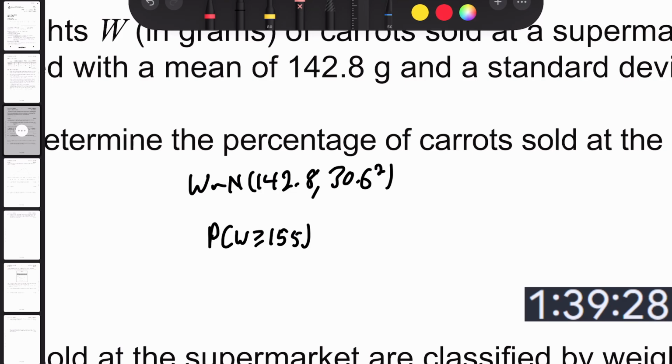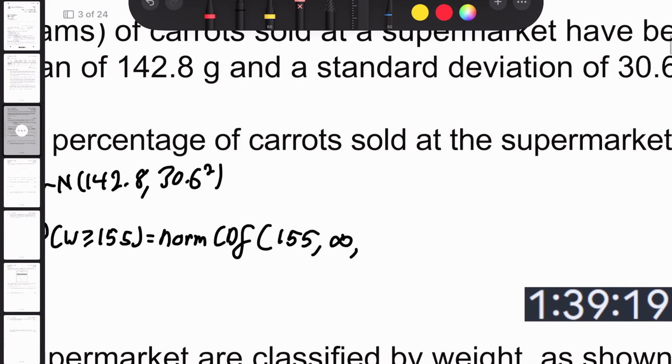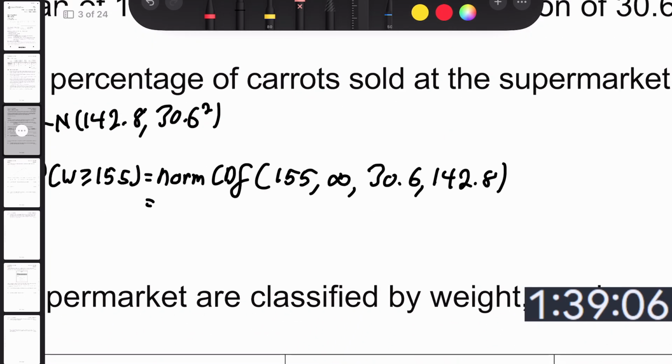Since it's the first time, I'll show how I'm doing it. Norm CDF from 155 to infinity, with standard deviation 30.6 and mean 142.8. 0.3451, which is equal to 34.51%.